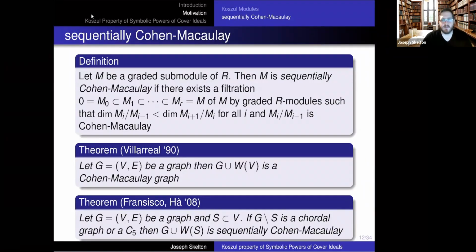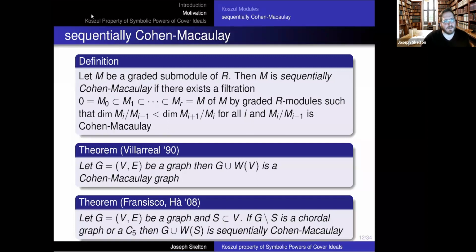Another topic is sequentially Cohen-Macaulay modules. This is the non-pure version of Cohen-Macaulayness that I believe Stanley introduced. A graded submodule M of R is sequentially Cohen-Macaulay if there exists a filtration where the quotients increase in dimension and the quotients are Cohen-Macaulay.